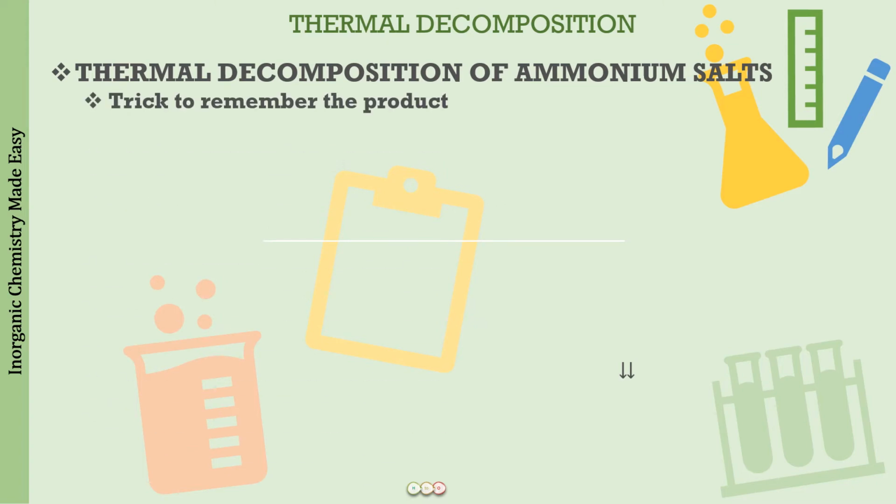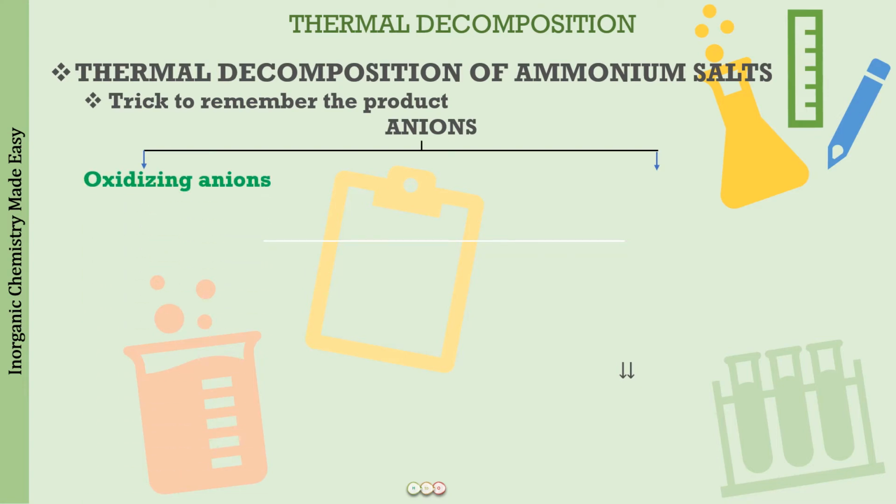A trick to remember the product is going to be the anion. We are going to classify the anions into two types. One are the oxidizing anions, which cause a change in the oxidation state of nitrogen, and the other are the non-oxidizing or weakly oxidizing anions, which do not cause a change in the oxidation number of nitrogen.